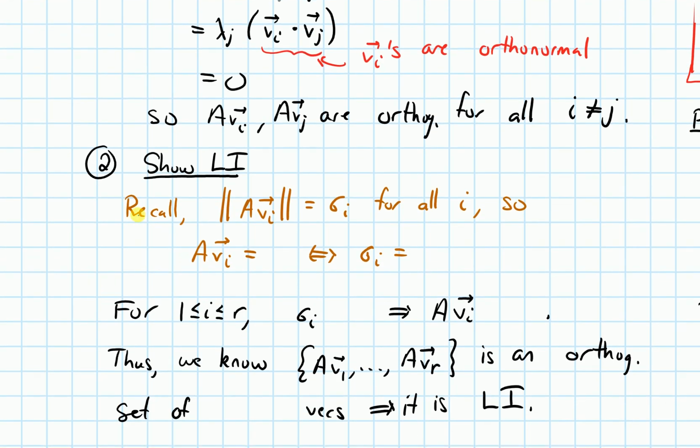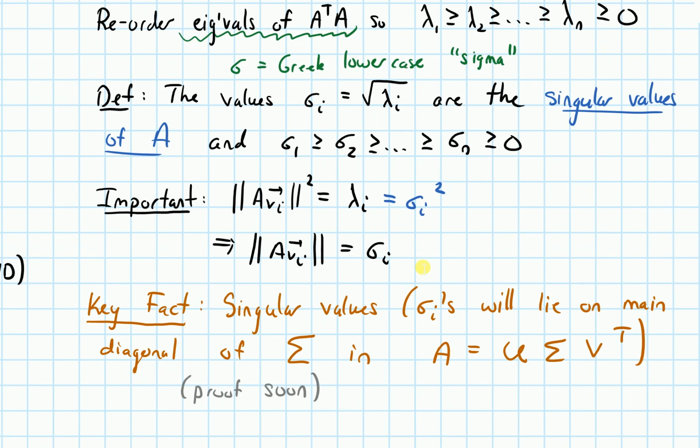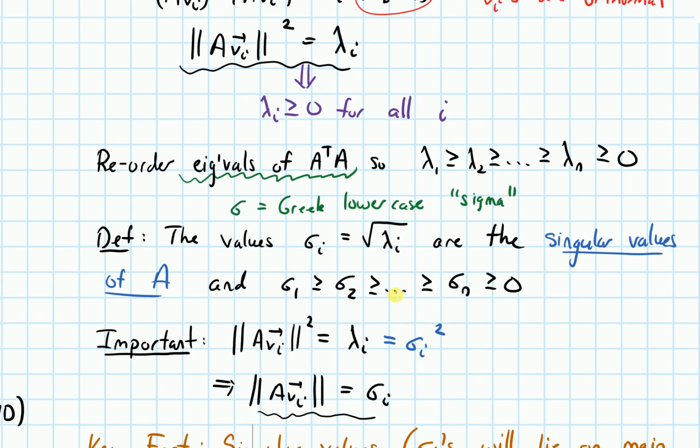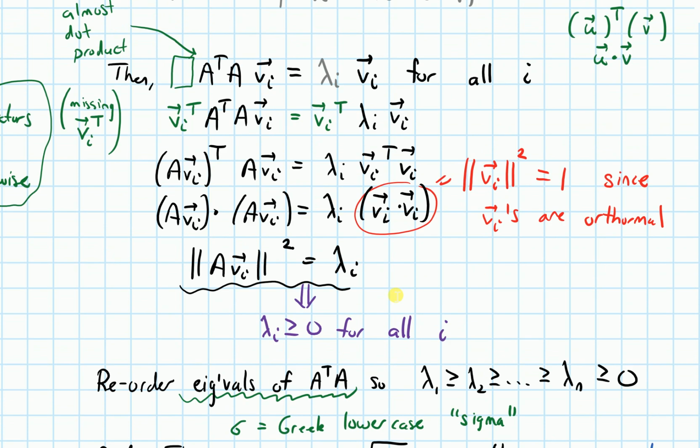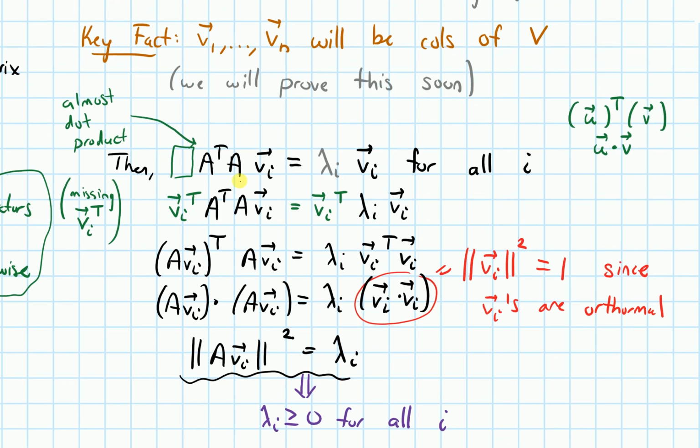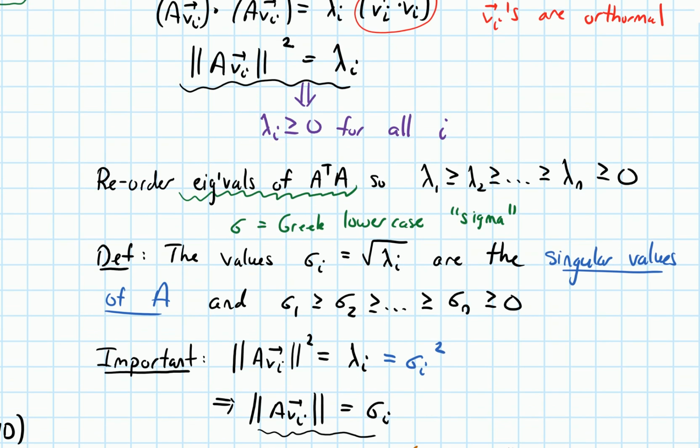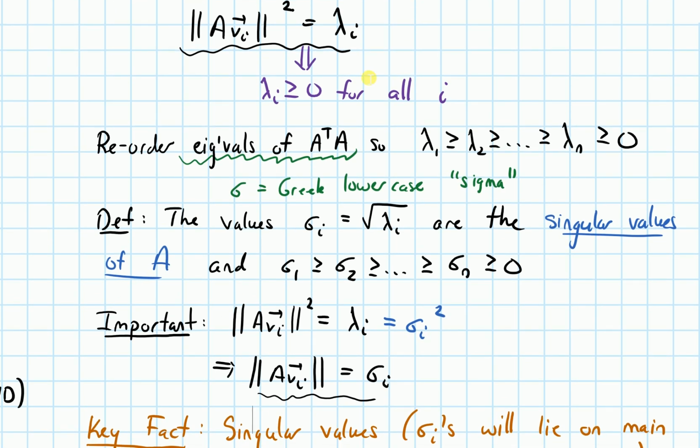Okay, so we've seen before that the length of A times Vi is equal to sigma I for all I. We saw that on the previous page. The length of A times Vi equaled sigma I. We got that after we did this computation involving the eigenvalues and eigenvectors of A transpose A, and after we defined our singular values.